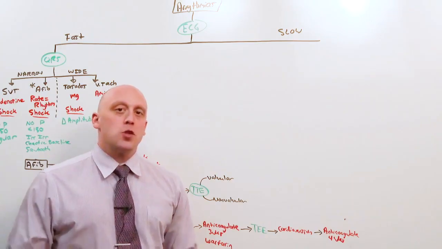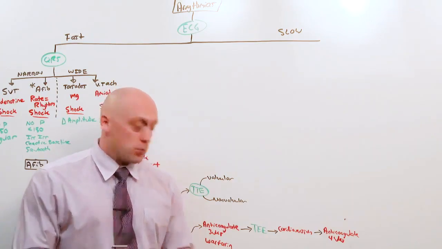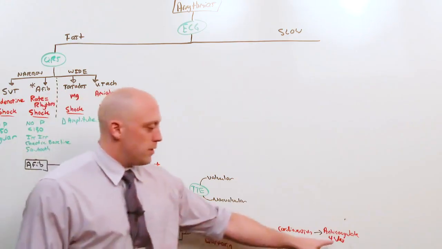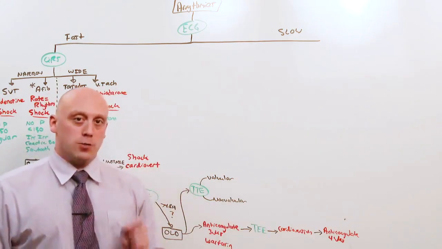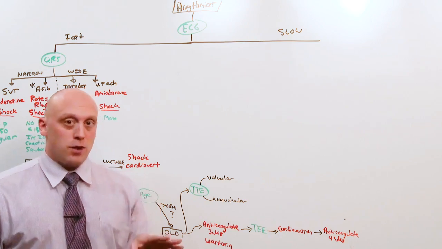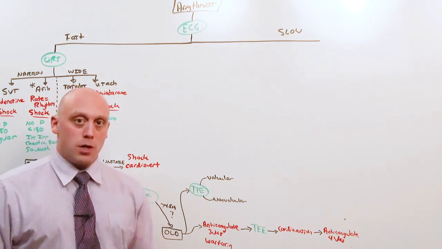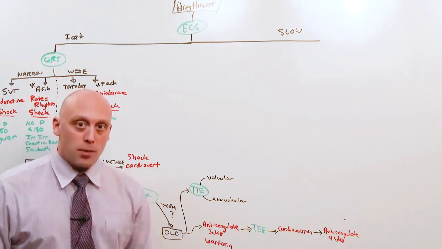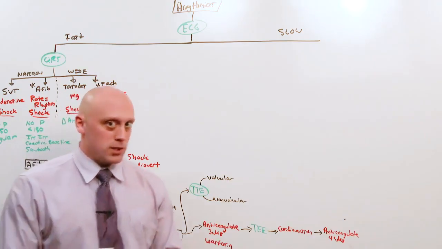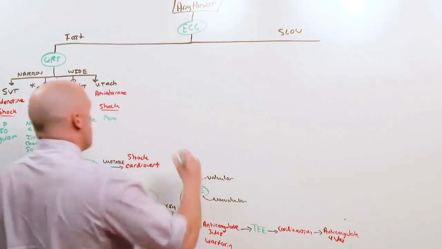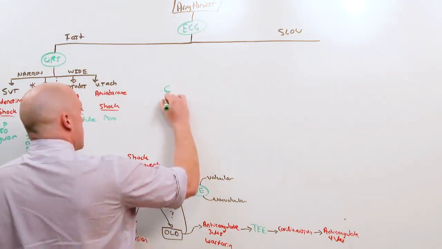The trouble is, if someone's going to be in AFib, and the reason why we did all this stuff was because a clot in the atrial appendage can flick off and cause a stroke. Cardioembolic stroke in AFib is a big topic, so let's talk about it in a little bit more detail. What it is the CHADS-2 score.